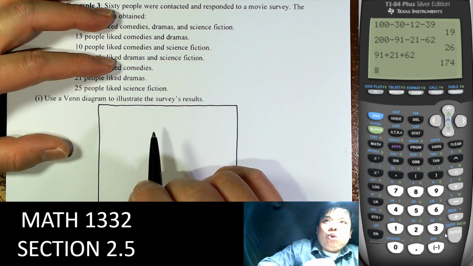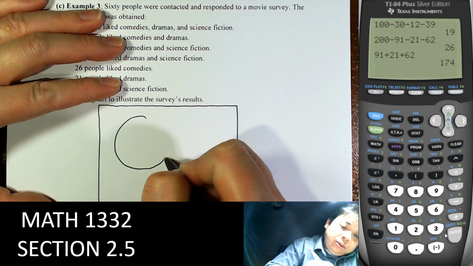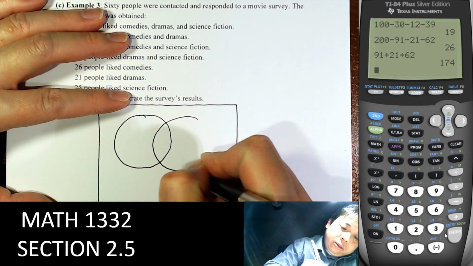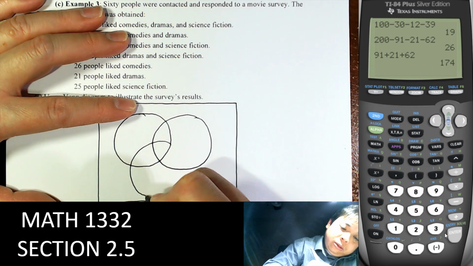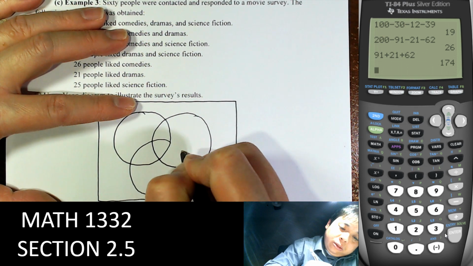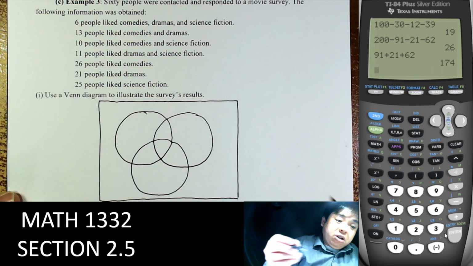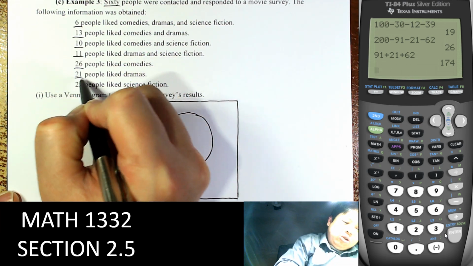So there will be three types, three sets, three circles. So as always, I will underline all the numbers: 60, 6, 13, 10, 11, 26, 21, 25.